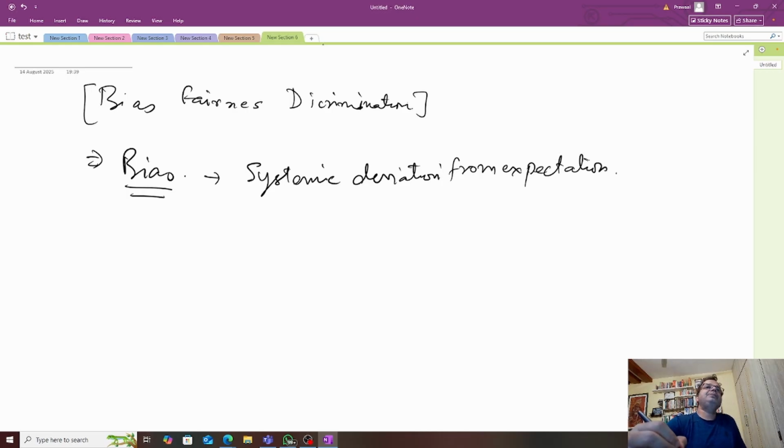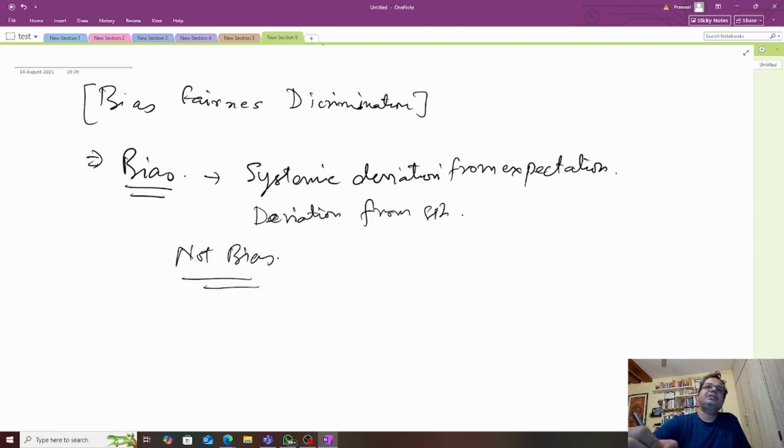That's the bias when your algorithm tends to systemically deviate, or we can also say that bias is a deviation from standard. That's how we define the bias, and not all biases are ethically wrong. We'll talk about this in slightly more detail, but not all kinds of biases might be ethically wrong.